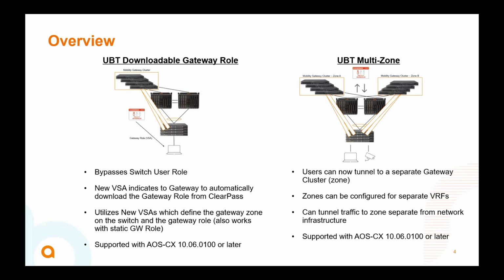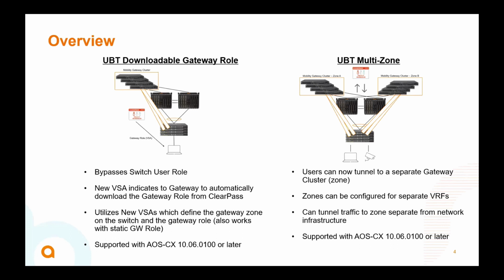The tunnel traffic will use the zone on the switch and be pointed to the tunneling profile of the gateway that tunnel traffic will go to, and then which role or enforcement profile from ClearPass that the gateway will download. So we have two new VSAs for that, and this was supported and introduced with 10.6.100.